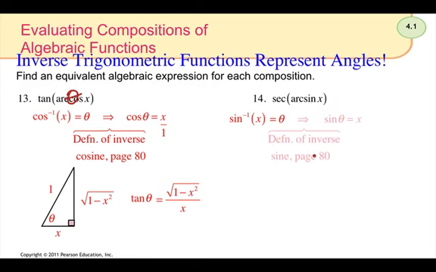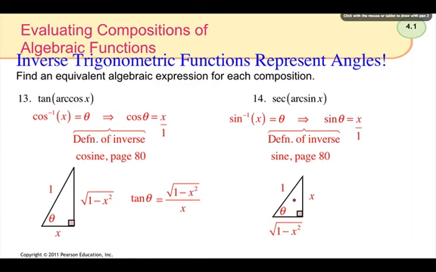Same thing, definition of inverse sine, page 80. I can rewrite it the following way. Write it as a ratio. From here, I should be able to draw a right triangle given the reference angle theta, in which the opposite side is x and the hypotenuse is 1. I find this missing side using the Pythagorean theorem. This is what I get.